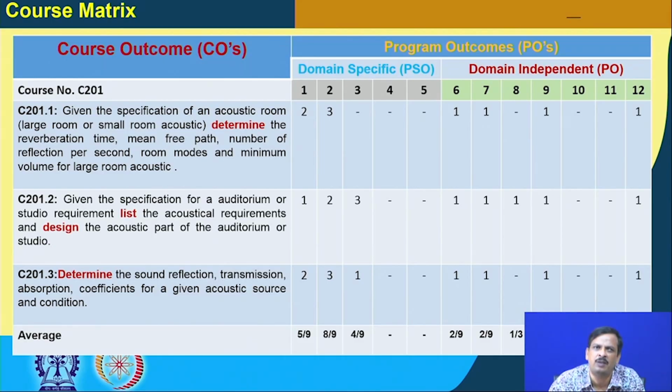Cognitive level, analysis level. Which PO? This is PO number 1, 2, 3, 4, 5, if it is adopted for a particular domain, domain specific. 6, 7, 8, 9, 10, 11, 12 are domain independent. Now, if this is my objective number 1 and the cognitive level is analysis, then which PO has cognitive level analysis?